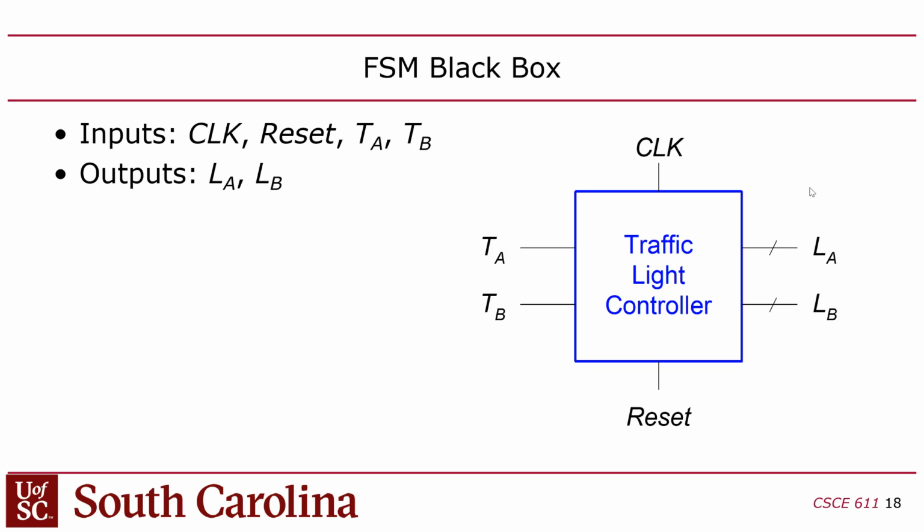So the example that the book gives for this, I don't know if this is the best example because it's a little naive, but they come up with a traffic light controller for an intersection. And the idea is that you've got two outputs here. Every FSM is going to have a set of outputs. In this case, we have a light signal on an intersection.